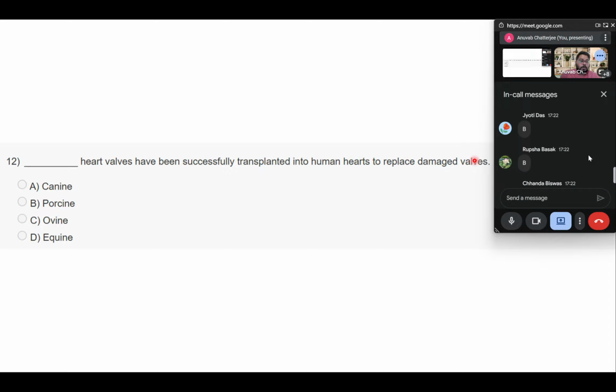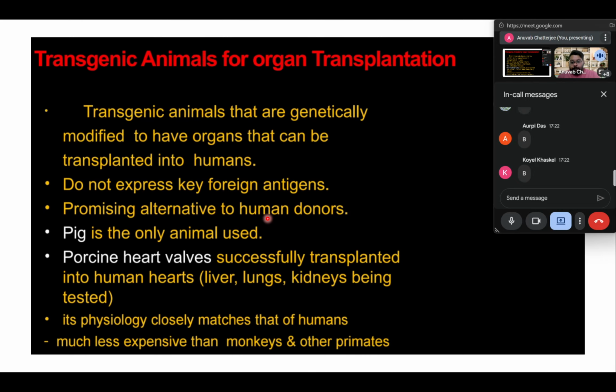Okay, so Jyoti, Rupsha, Chandra, European quail, also B, it is porcine.